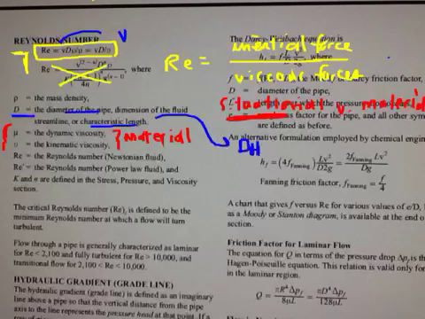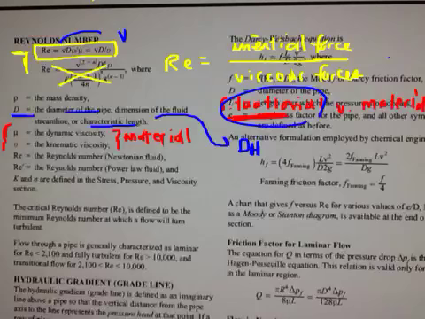And that is later on in your FE materials. Okay, so we've got that this is a situational parameter, and so it depends on the situation, the velocity, the diameter, the geometry, which is in the diameter, and then the material parameter of kinematic viscosity.